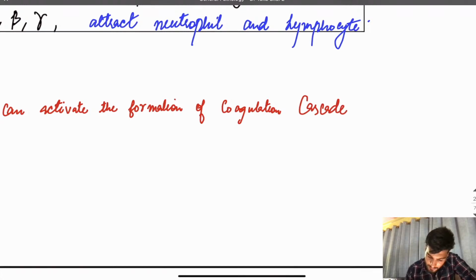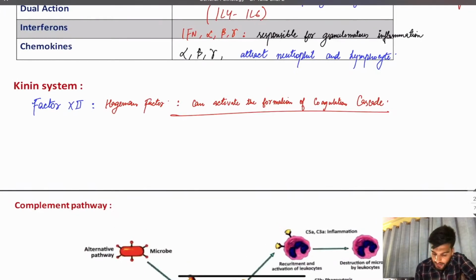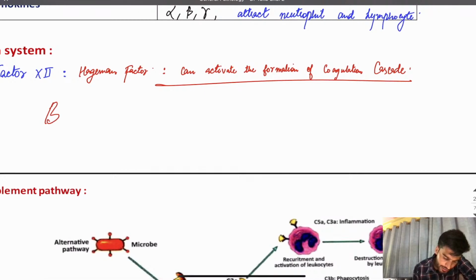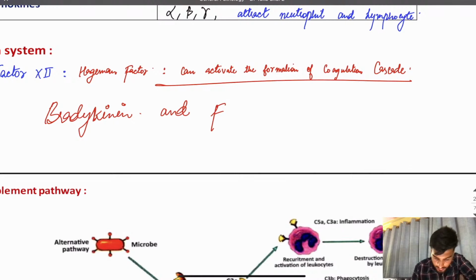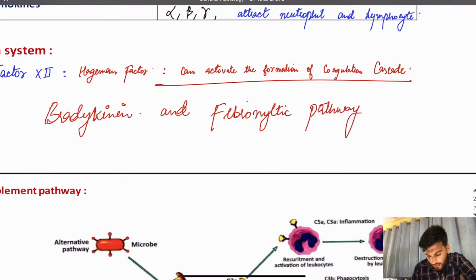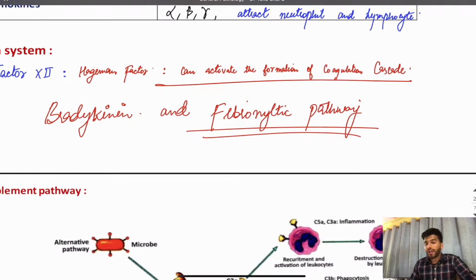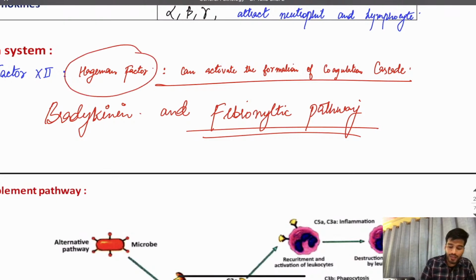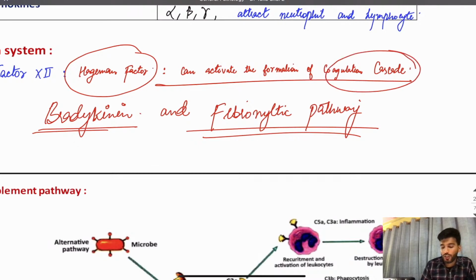It also causes the release of bradykinin, and it helps in the fibrinolytic pathway. So what happens, guys, this Hageman factor activates the formation of bradykinin, which helps in the coagulation cascade and fibrinolytic pathway.